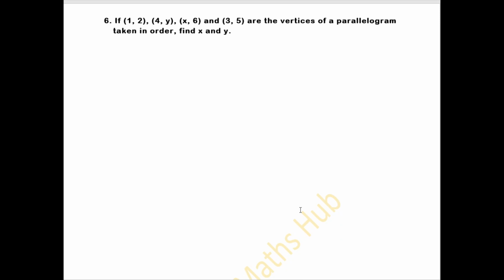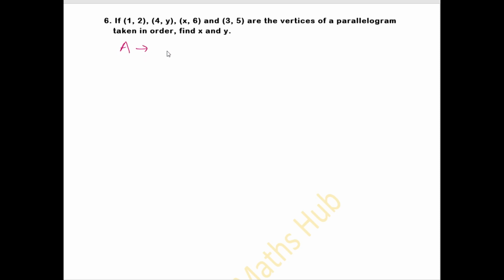Now moving to the sixth question. If the points (-1, 2), (4, y), (x, 6) and (3, 5) are the vertices of a parallelogram taken in order, then find the value of x and y.